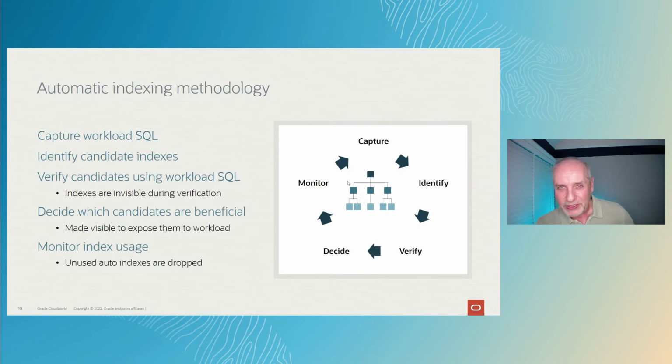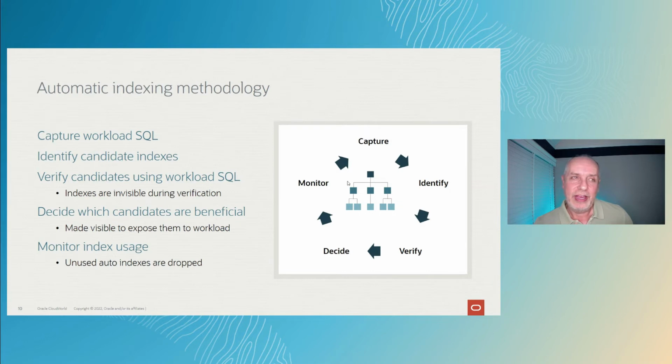So if we look at the cycle itself, first we capture the workload SQL. I'll explain how that's done in a minute. The next thing we do is identify candidate indexes. Essentially, from the workload, we figure out what indexes are good candidates. Again, I'll go into how we do that.